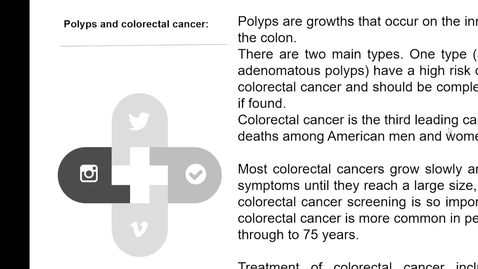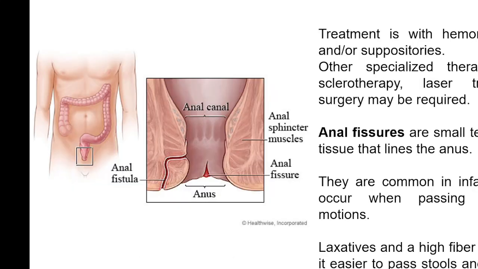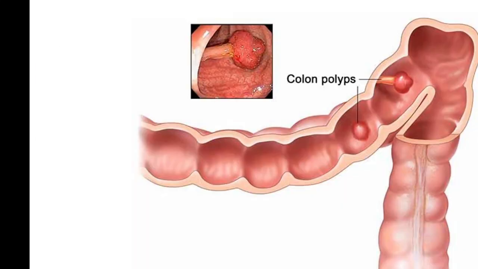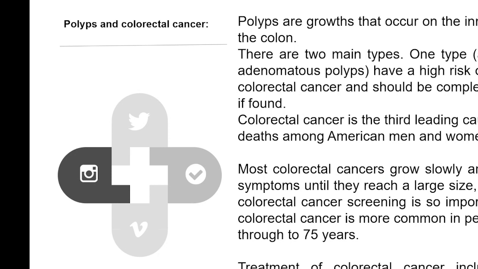So that's a problem. See this kind of polyp, the problem is that in the beginning it may not be creating much problem, but it has a tendency of turning into a cancer. So that is the problem of colorectal polyp. Most colorectal cancer grows slowly and causes few symptoms until they reach a late stage.